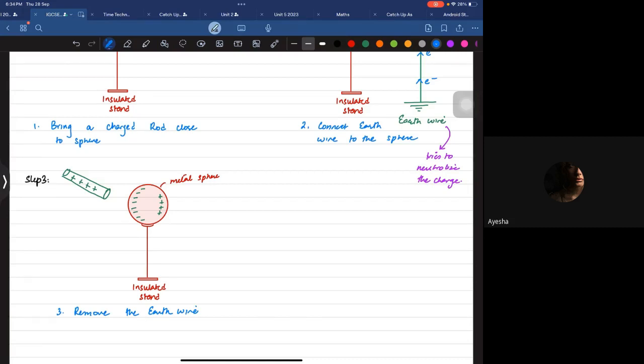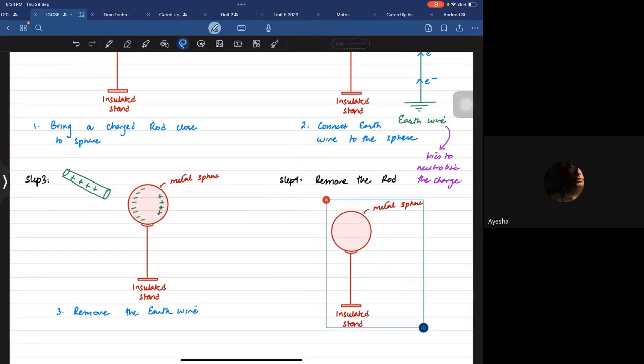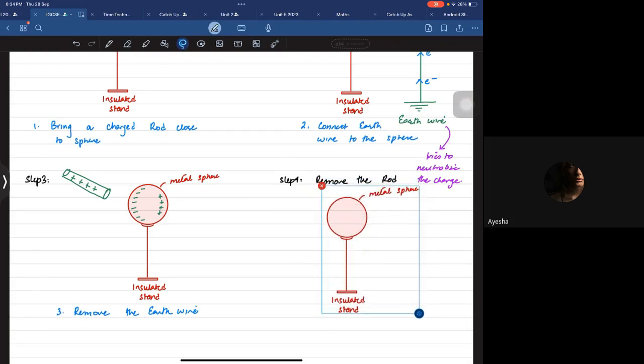Then, in step 4, remove the rod. So when you remove the rod, what basically happens is that now, because there are extra electrons in this, it becomes negatively charged.